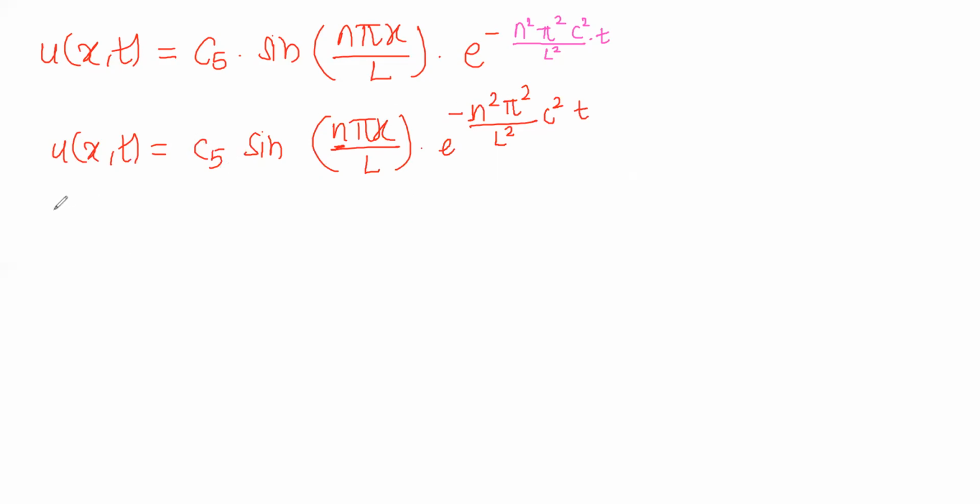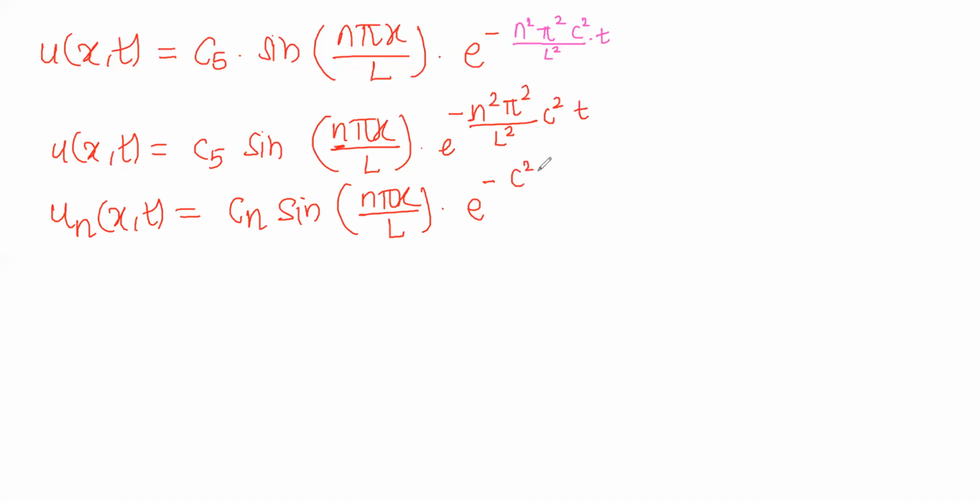So for different n I can write this as un of x,t, which will be equal to this constant I'll keep into the picture, I'll write down this cn, and then sine n pi x upon L, and then e power minus c square times n square pi square upon L square t. Okay, this is what I found.